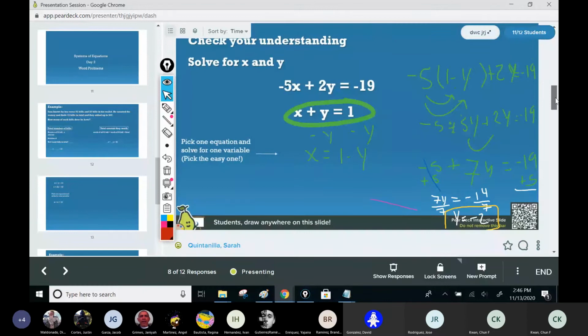All right, guys, once you figure out one answer, use that to find the other one.